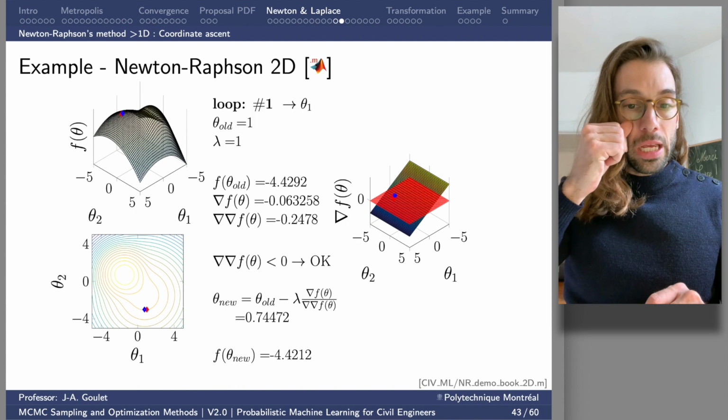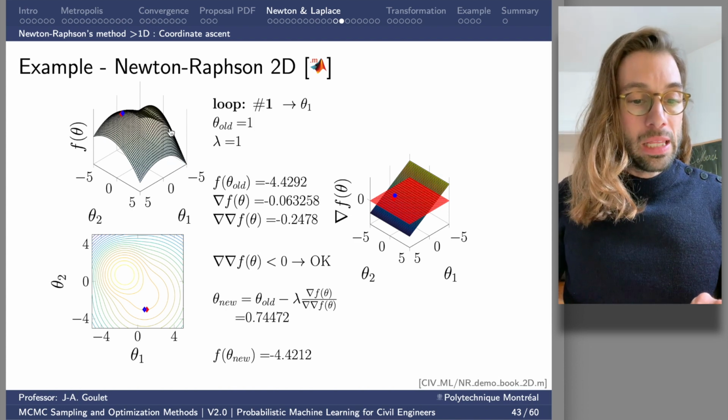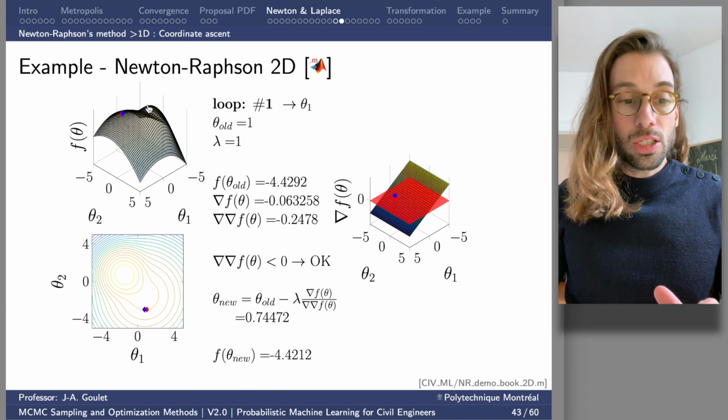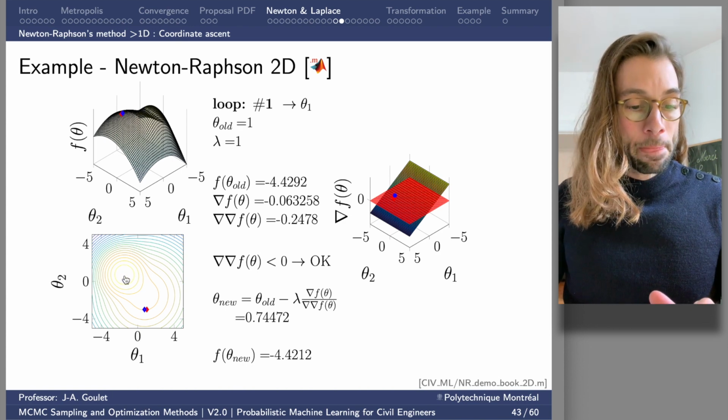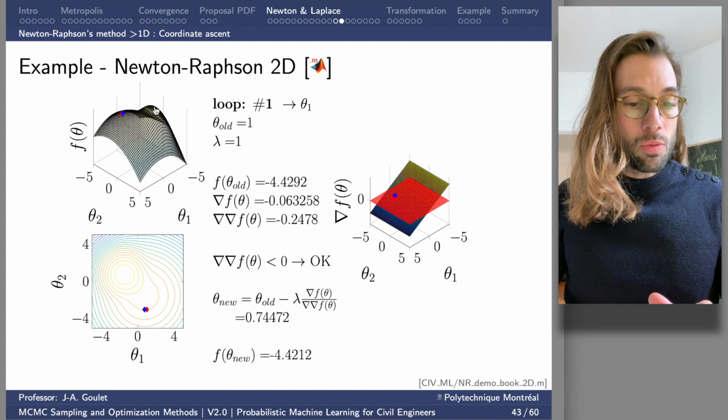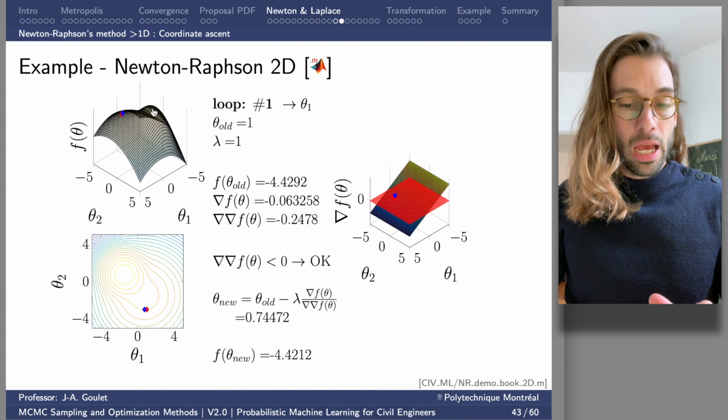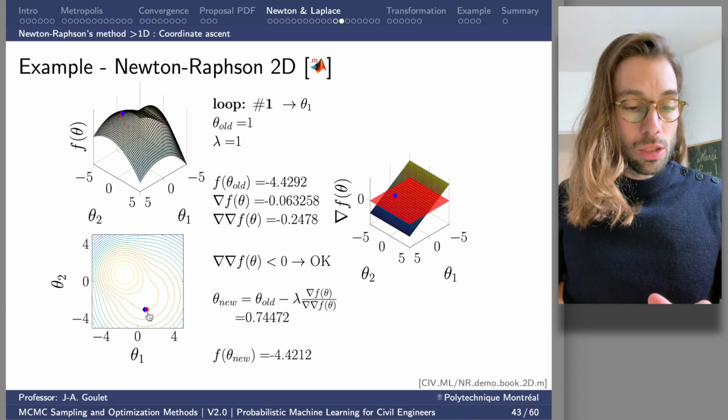So if we look at this through an illustrative example, this is the target PDF I'm trying to optimize. I'm trying to reach the maximum. So this plot and this plot represent the same thing. This is theta 1, theta 2, theta 1, theta 2. I'm trying to reach the max here, which corresponds to the max there, okay? I'm starting from this current location. I think it's the blue point, and the red point is where I'm proposing to move.